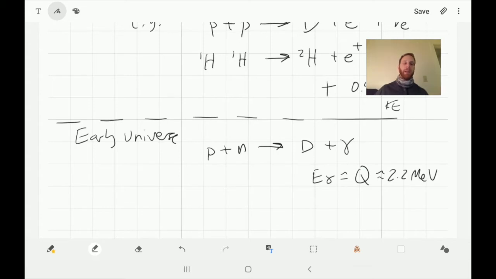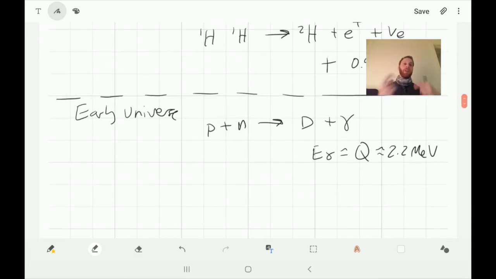Again, the scale is mega electron volts. Q is called the binding energy, and one way to see that is thinking about this the other way. The deuteron, a proton and neutron together, requires a photon. If a photon comes in and hits it with an energy greater than or equal to 2.2 MeV, that will photodissociate the deuteron. So, a photon energy greater than or equal to 2.2 MeV can photodissociate it, that's what it's called.